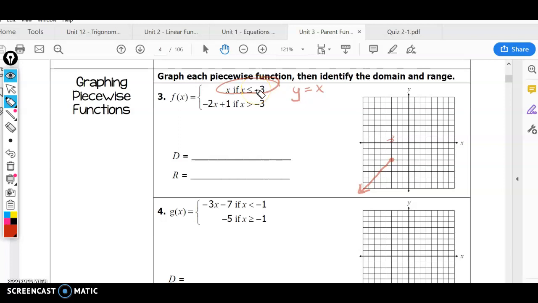Then let's graph this function, y equals -2x plus 1, only starting at -3, but going in the positive direction. Let me show you what the graph normally looks like.